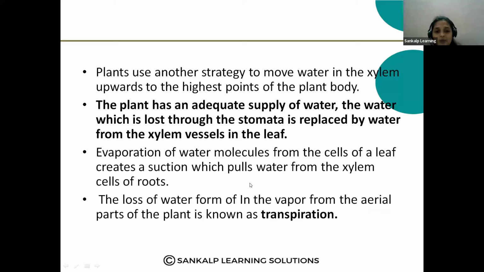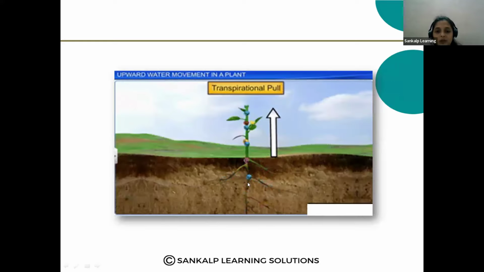That helps the plants to absorb the water from the soil. Okay. This is how the water transportation takes place due to the transpiration pull.